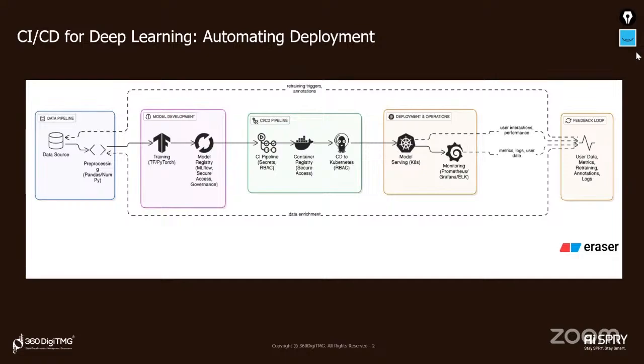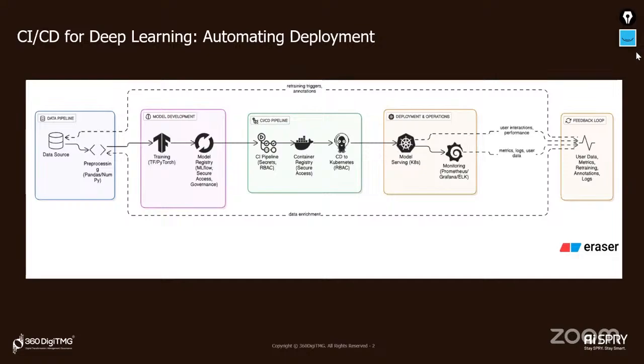Once we give the features to this particular image, it will generate and predict the outcome. There are two components, CI and CD. CI will make it into a Docker-based image format. The CD component will deploy these images into a Kubernetes cluster.